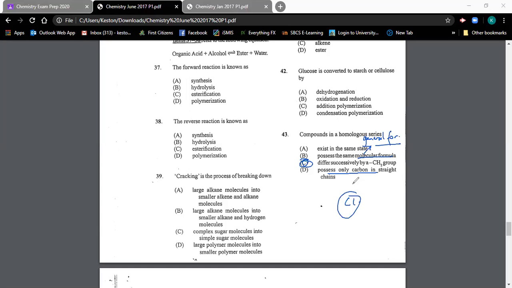Each member differs from the next by a CH2, or a relative molecular mass of 14, and you would prepare all members by a similar method. So C is a bit more appropriate. General formula, yes. Molecular formula, that's a little iffy. So 43, C.